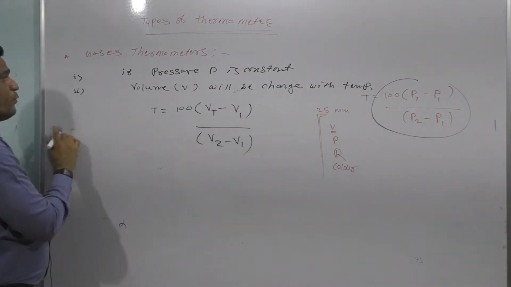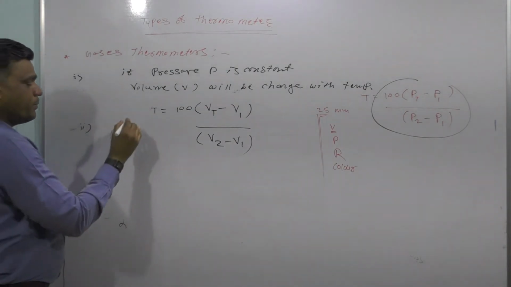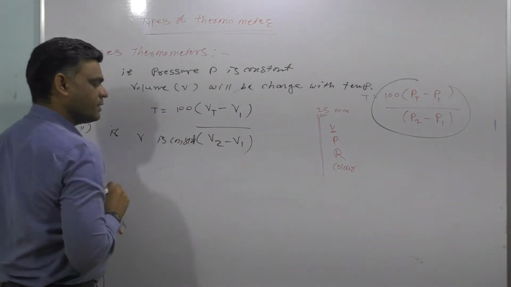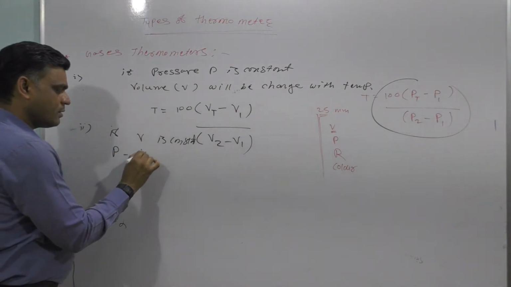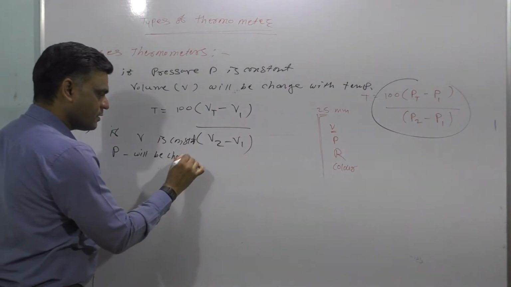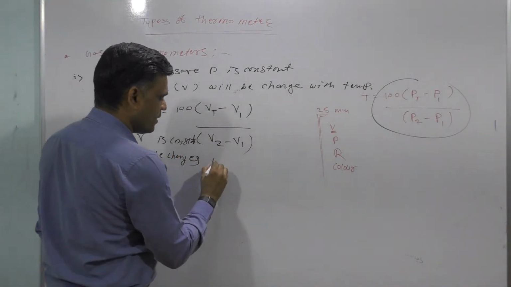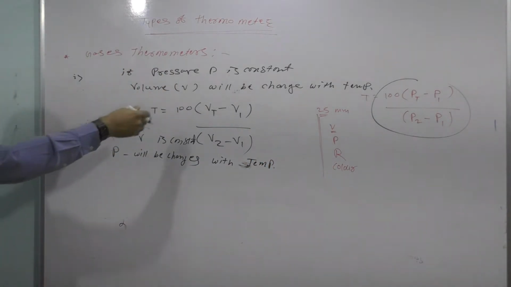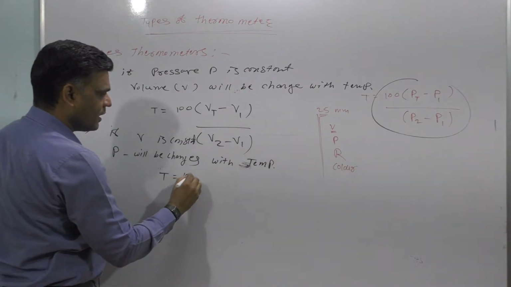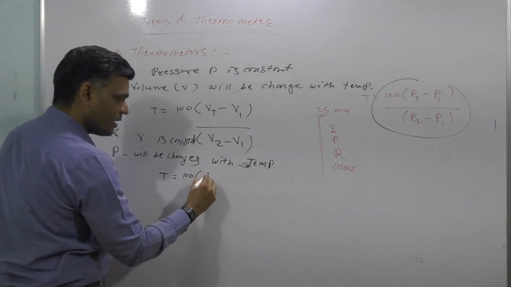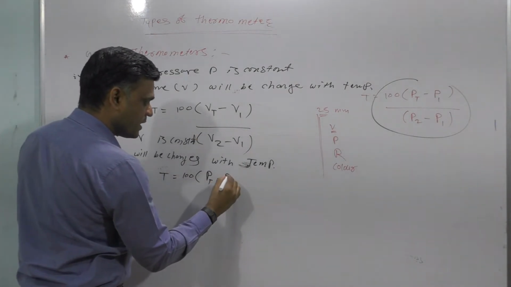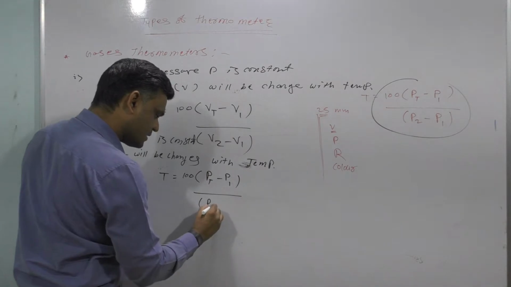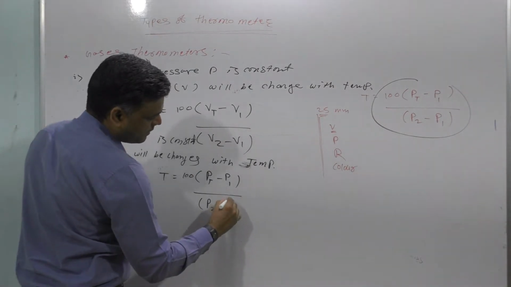Suppose in the same case, instead of pressure being constant, the volume is constant, then the pressure will change with temperature T. Then the formula converts to T equal to 100 times the pressure P at a given temperature minus the pressure P1 at the ice point, divided by the pressure P2 at the steam point minus again the same term.